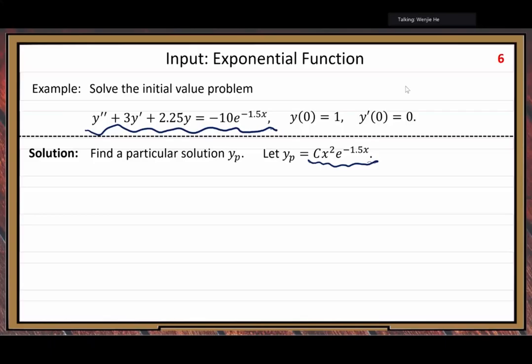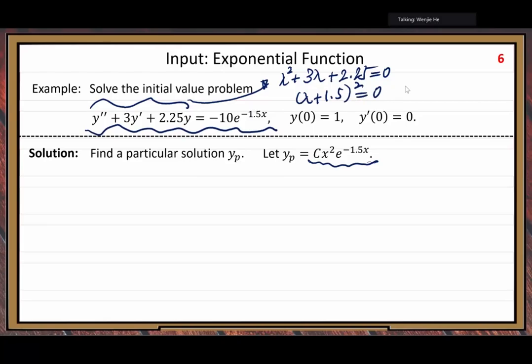If you look at the characteristic equation for the homogeneous version, lambda squared plus 3 lambda plus 2.25 equals 0, then it has a double real root. So that is lambda plus 1.5 squared equals 0, right? So it has a double root at negative 1.5.